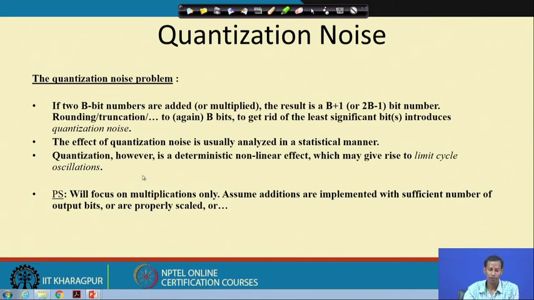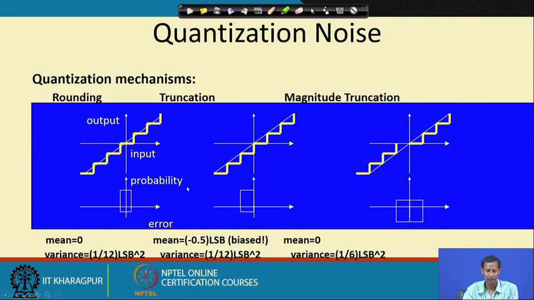Now, this quantization may have a deterministic nonlinear effect, which may give rise to limit cycle oscillation. These are the facts.